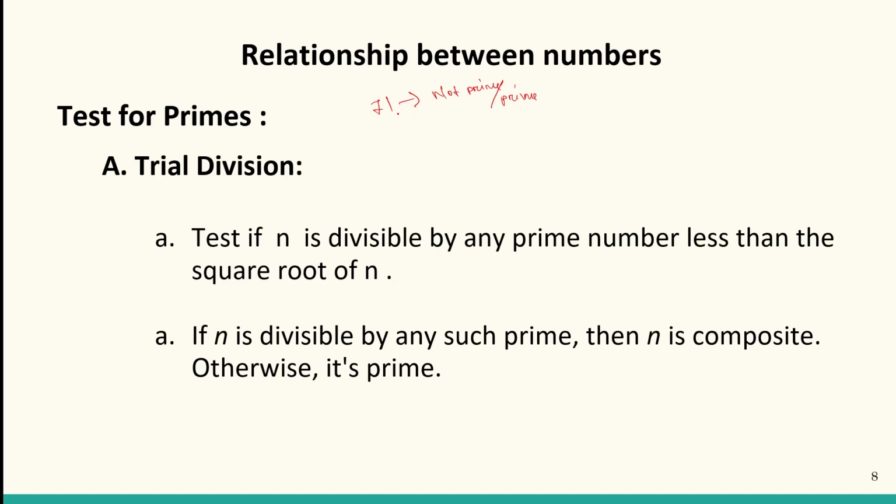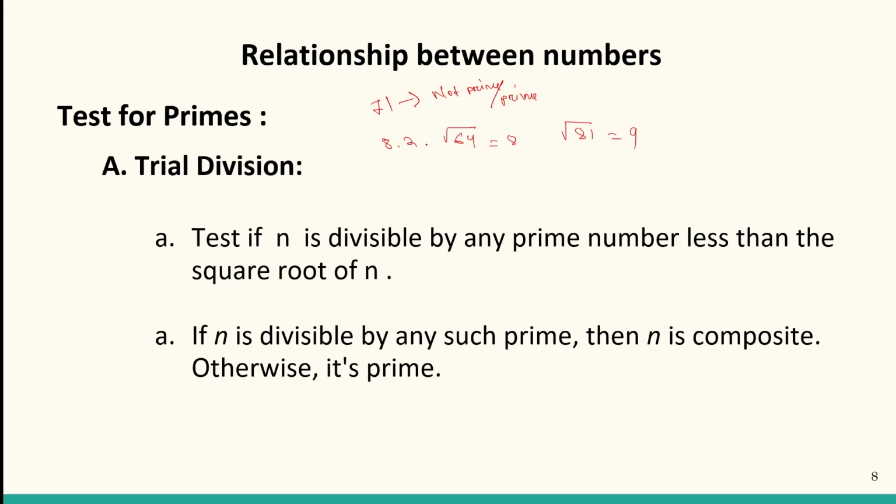If we find the square root of 71, it will be around 8.2, because the square root of 64 is 8 and the next perfect square is 81, whose square root is 9.